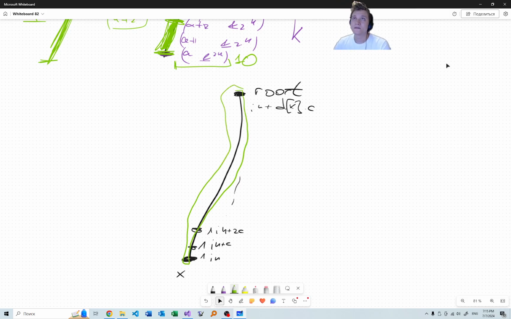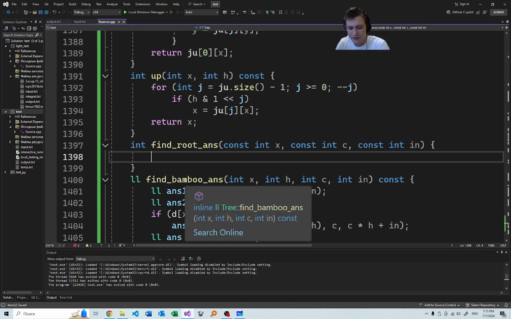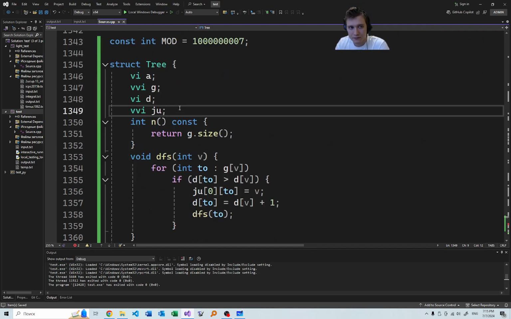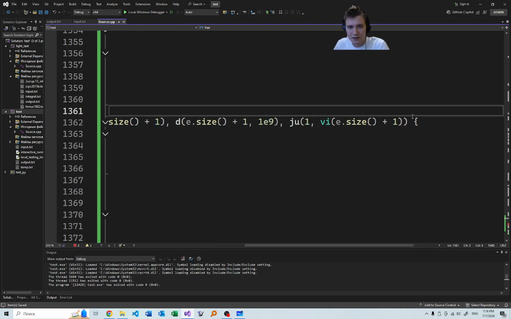And then I need to find all the fixes. So let's do it. I want to find a prefix sum. So let's also initialize that.